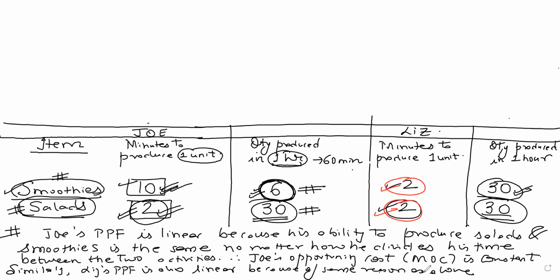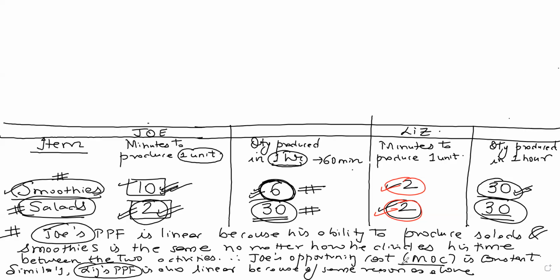Just like Joe, Liz can also use her ability to produce salads and smoothies the same, no matter how she divides the time between the two activities. So for both Joe and Liz, the marginal opportunity cost is constant. Since the MOC is constant for both, both have production possibility frontiers which are linear.